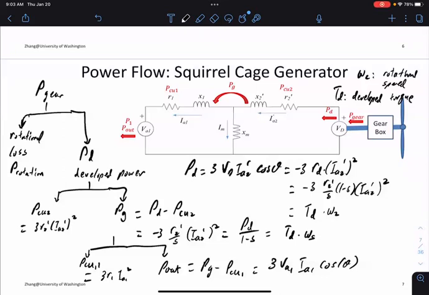If you disconnect the turbine, there's still a torque being generated. So here, the developed torque is best thought of as coming out of the gearbox. That's happening because wind is blowing, wind is spinning the turbine. The slip governs the transfer of the torque. You can think of slip as governing the transfer of that, rather than the torque itself.